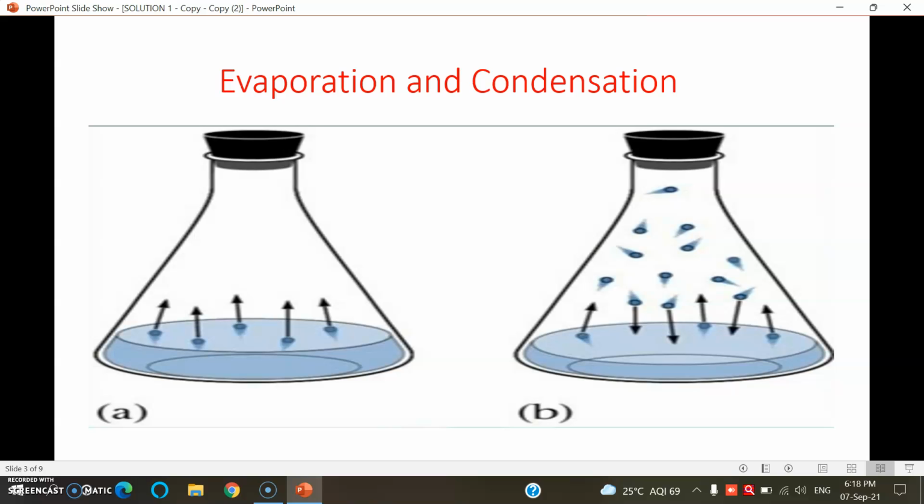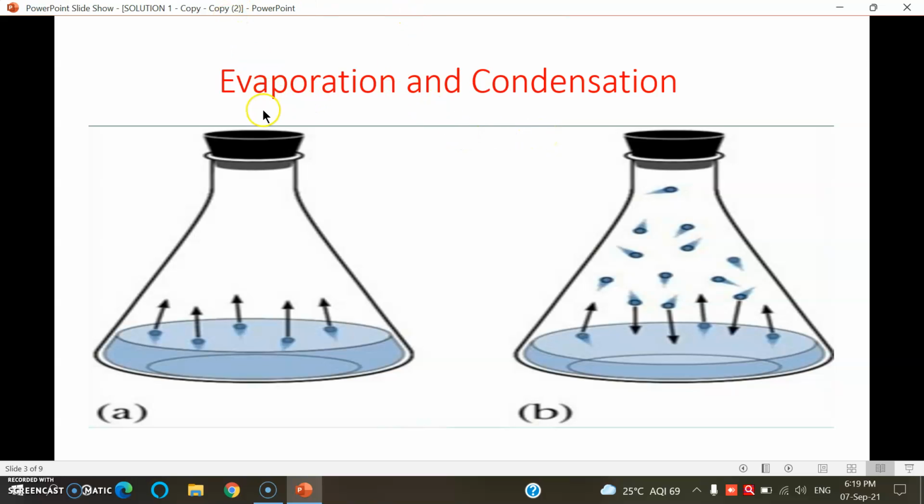These vapor molecules are in random motion, so they collide with each other and the wall of the container, and as a result of the collision they lose energy and again convert into liquid state, a process called condensation.